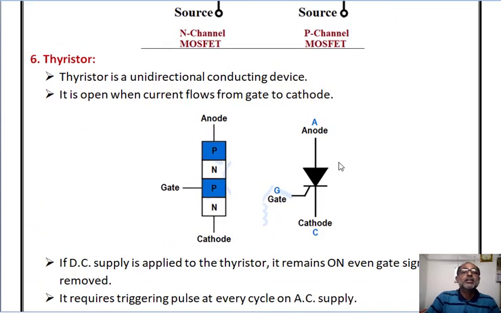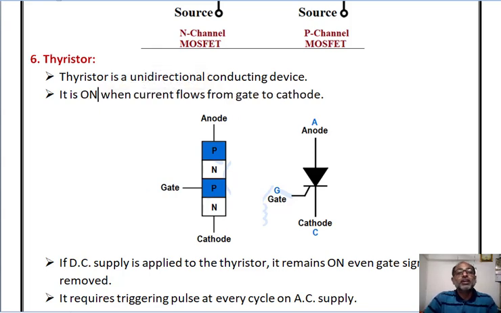Next, thyristor. Thyristor is a unidirectional conducting device, and it has 3 terminals: anode, cathode and the gate. It turns on when current flows from gate to cathode.